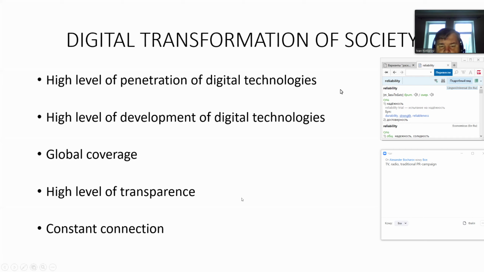So in this case, the communication becomes transparent. You can contact anybody. Okay, there is no guarantee you will get an answer, but still a possibility of communication exists. And again, it ensures the transparency in the meaning which Nikolai said.